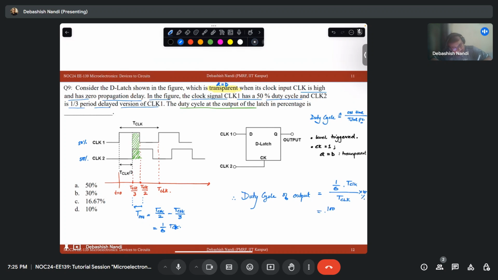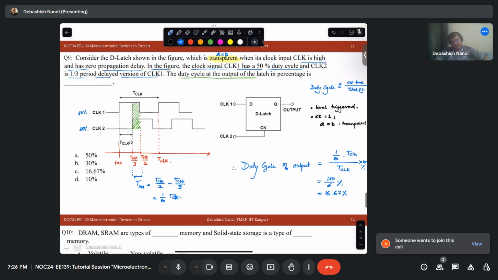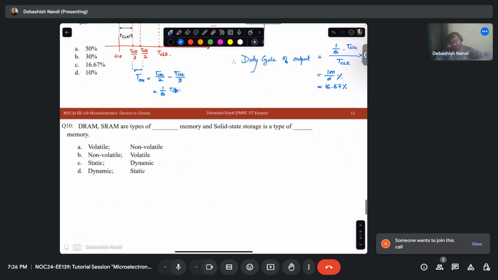That is 100 over 6%, that is your 16.67%. Okay. So that is what is happening, and how you determine the duty cycle of the D latch. Fine. Let's move on to the next problem.